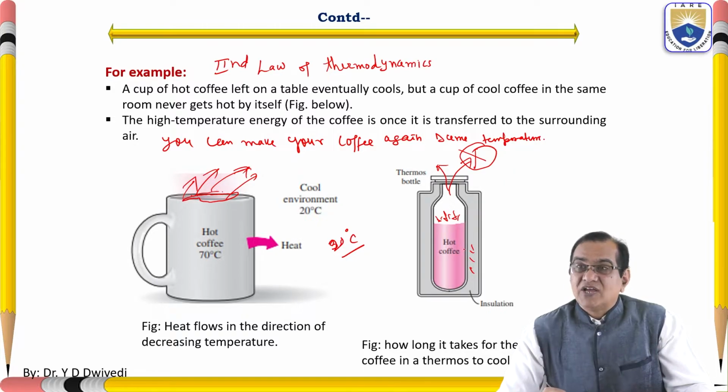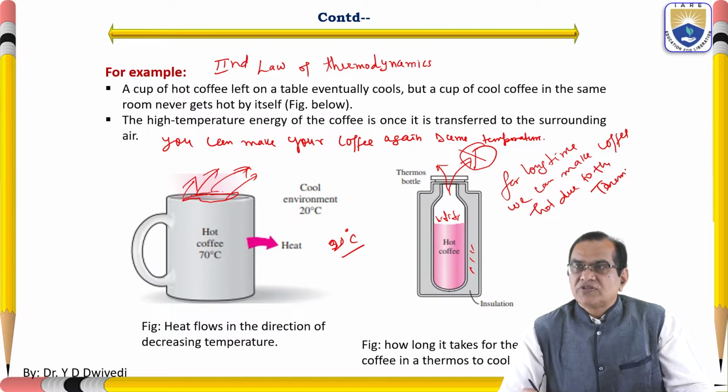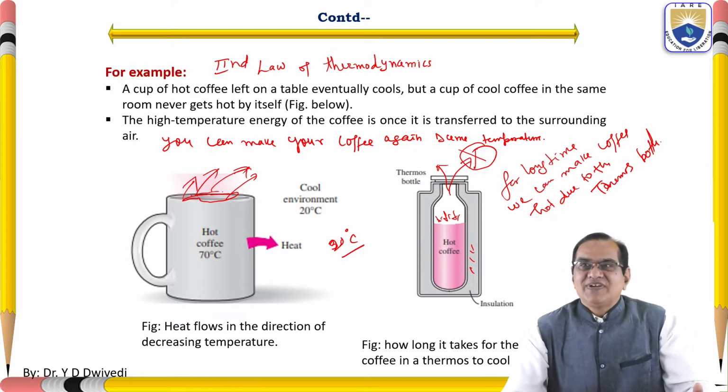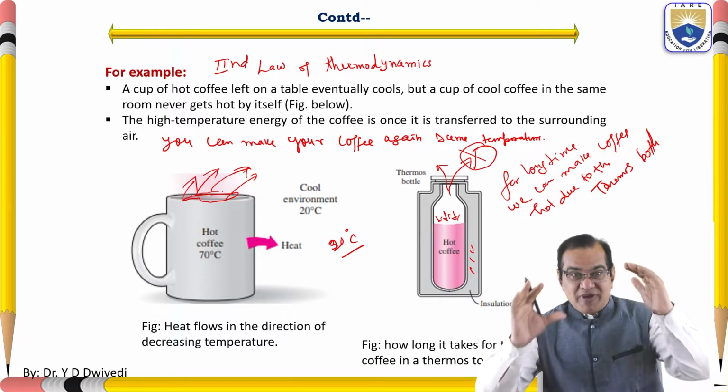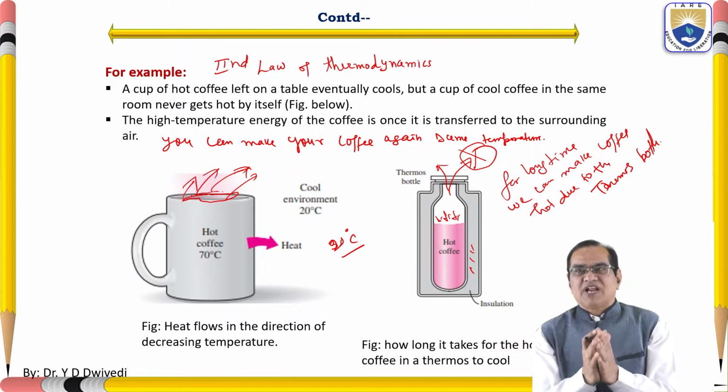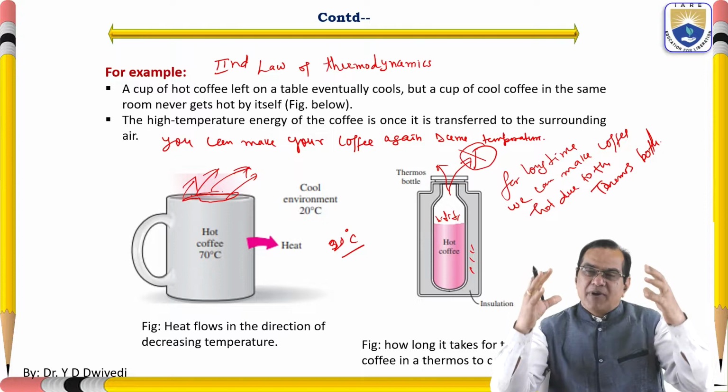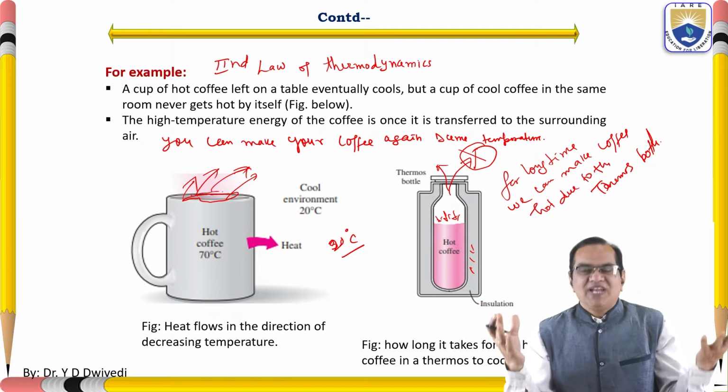It will remain there, so for a long time we can keep the coffee hot due to the thermos bottle. So if you make sure that your heat is not transferred to the surrounding, the amount of heat will be the same and the temperature will remain the same.